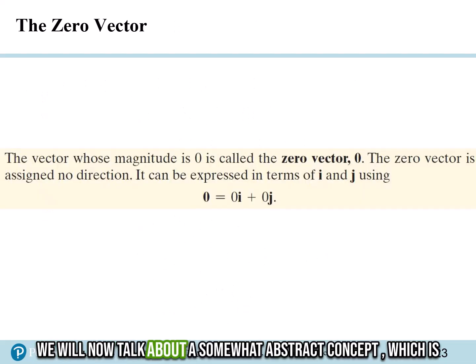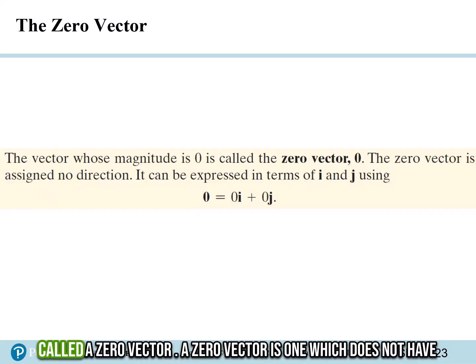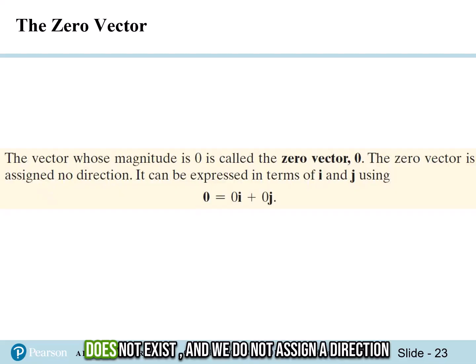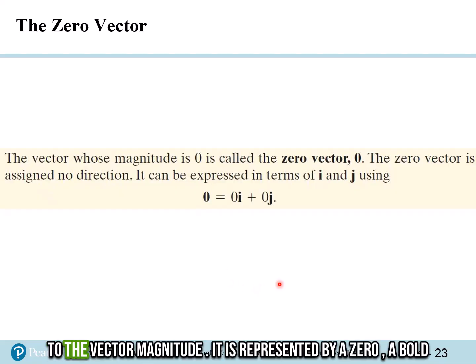We will now talk about a somewhat abstract concept which is called a zero vector. A zero vector is one which does not have any magnitude. Its magnitude does not exist, and we do not assign a direction to the vector.